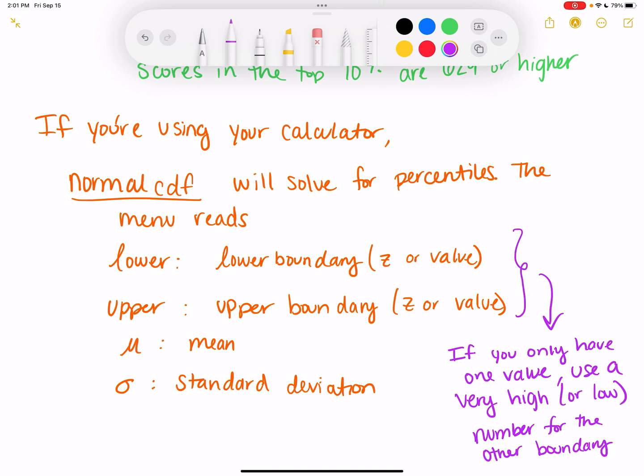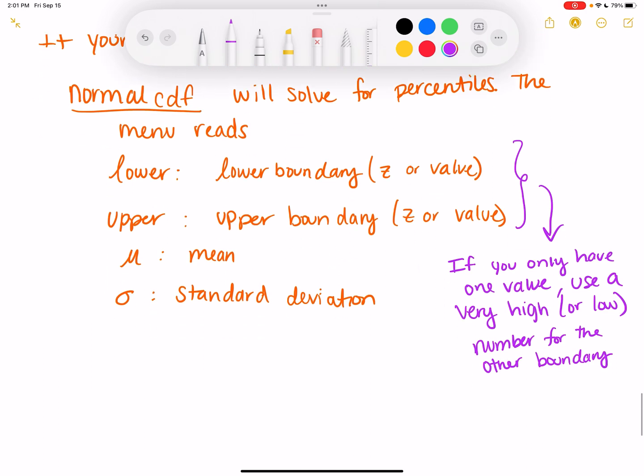Now, if you were to go on your calculator right now and look at this, what you would see is that one of them probably says 1E99. Okay? That would be your very high number.